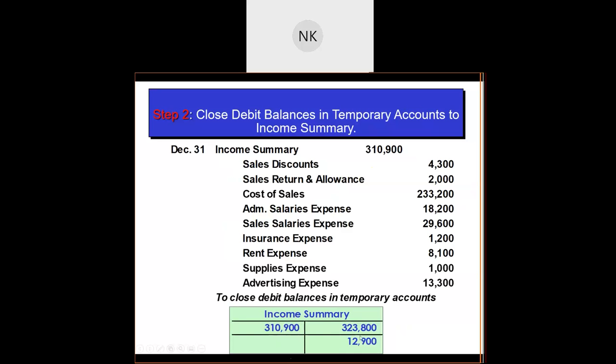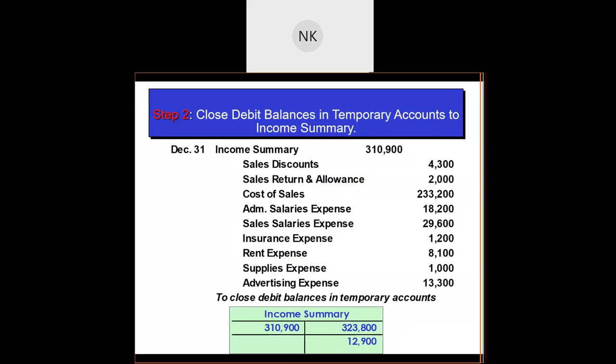So basically you are just trying to know what your profit is. That can also be done in your profit and loss, but this is actually one step that you have to make in order to close all these items in your profit and loss so that they don't carry balance.